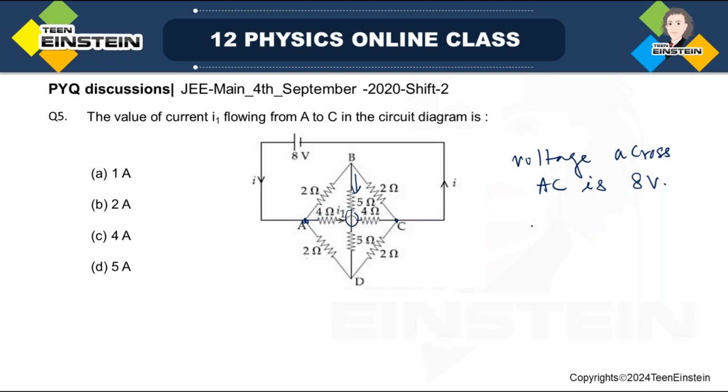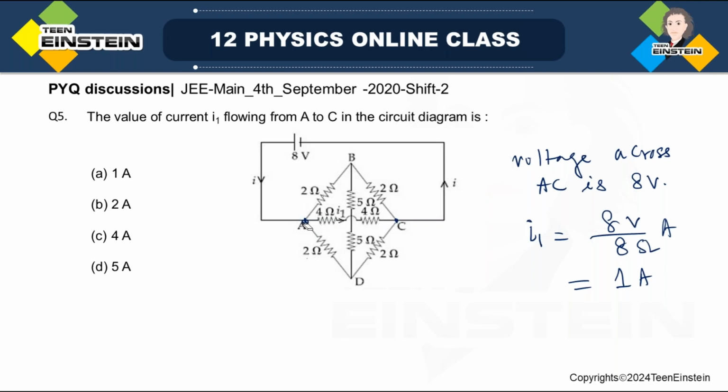Then what is stopping you from finding the current? So I1 will be total voltage drop 8 volt divided by 4 plus 4, so total you have 8 ohm, so in ampere you get 1 ampere. Okay, no need to think too much here. By seeing this figure you need to understand that there is no connection between this BD branch and the AC branch.